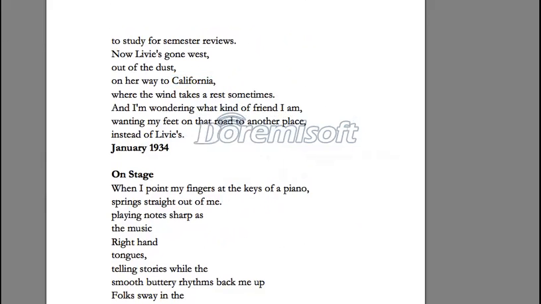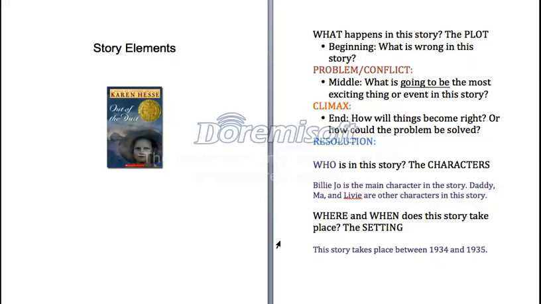So, returning here to our sheet, we can also say confidently that this story also takes place in Oklahoma, or the southwestern USA, on a farm in Oklahoma, which we know is a state. Okay, so we're good with that question.